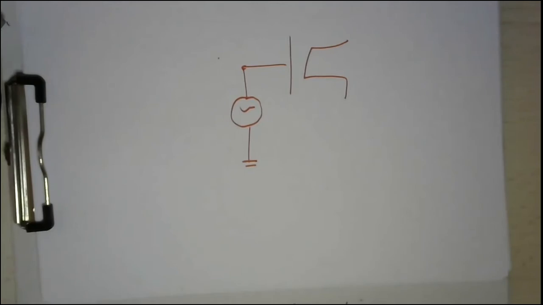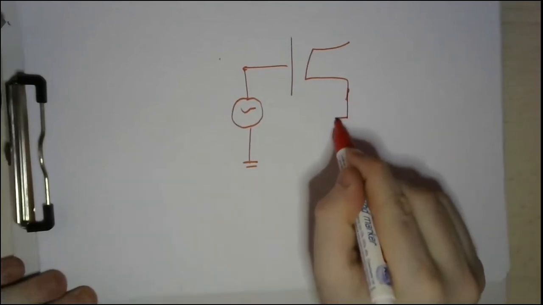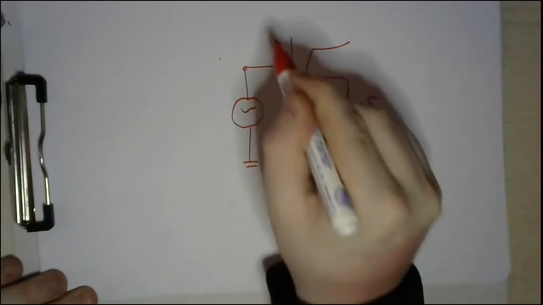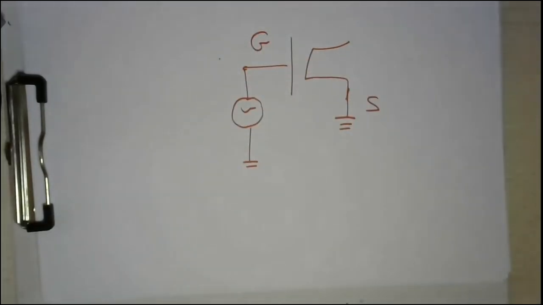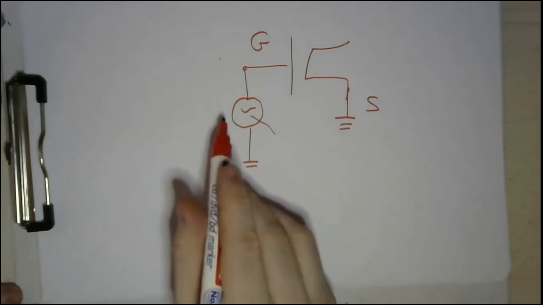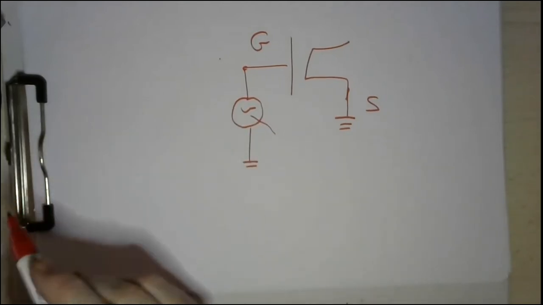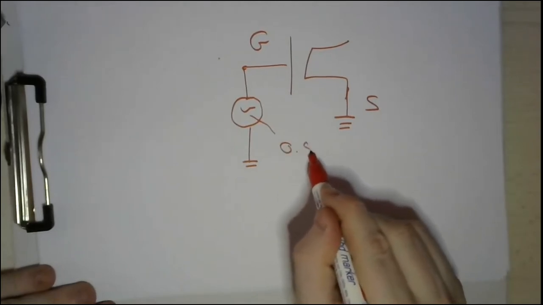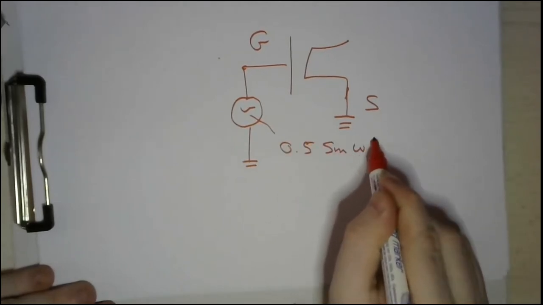And let's say that this is the ground, this is the source, this is the ground, and this is the gate. Let's say that this sinusoidal input is 0.5 sine omega t.